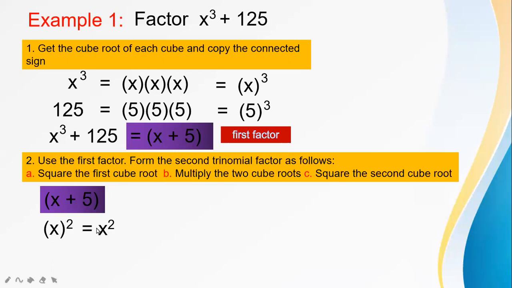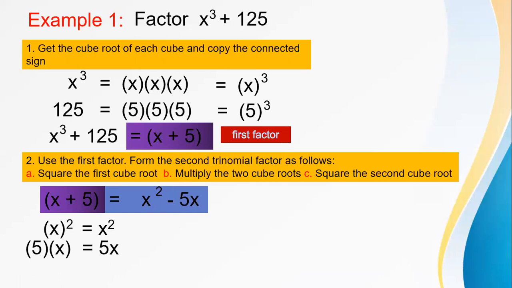That will be our first term. Second term, multiply the cube roots: 5 times x, we have 5x. That will be your second term.